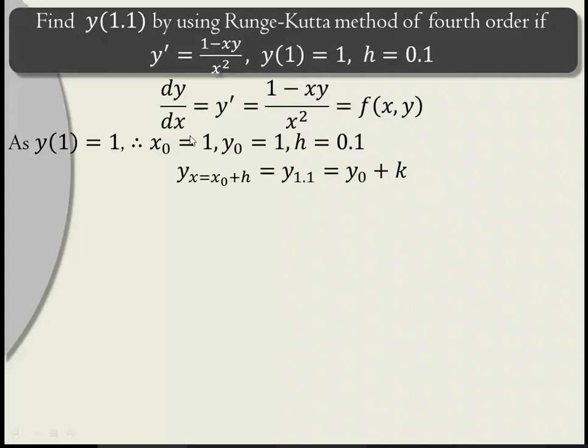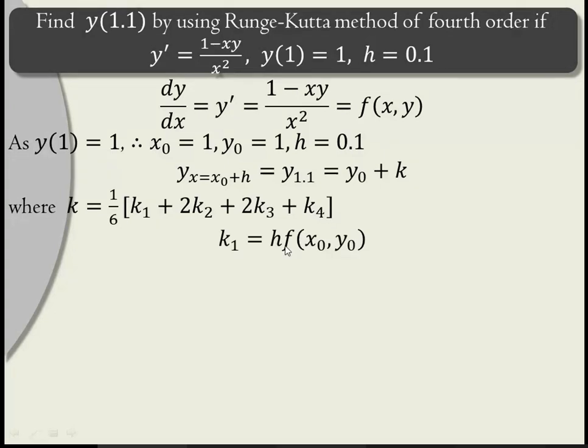So y at 1.1 will be y at x naught plus h, and by the Runge-Kutta method it is y naught plus k. So we have to calculate this k. The formula for k is 1 by 6 into k1 plus 2k2 plus 2k3 plus k4. The formula for k1 is h into f of x naught, y naught.